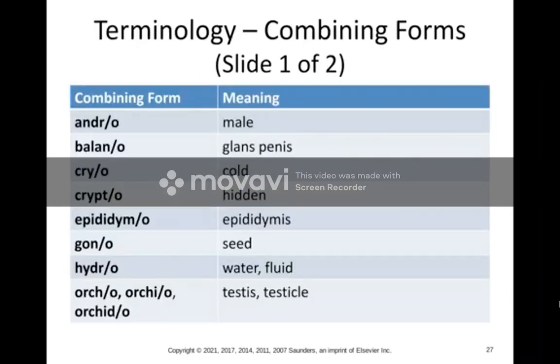Okay, so here's our combining forms. Andro, balano, cryo, crypto, epididymo, gono, hydro, orco, orchio, or orchido.